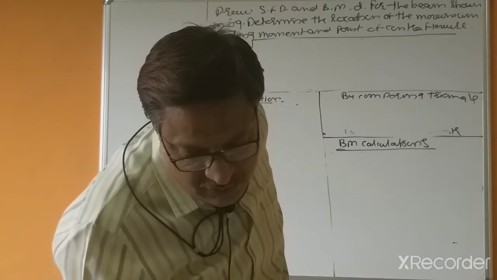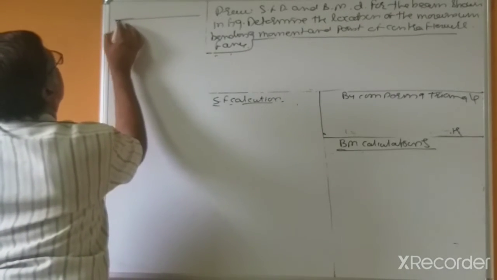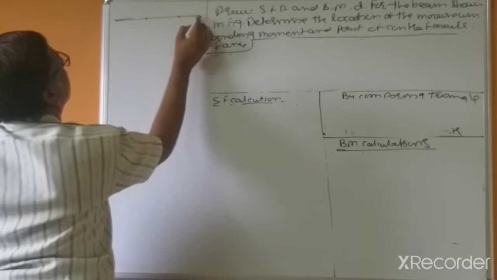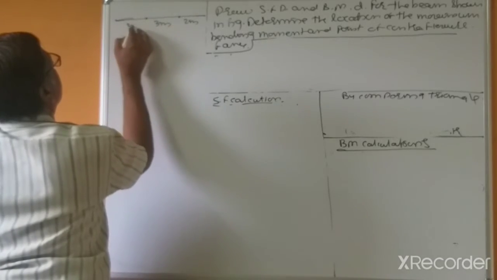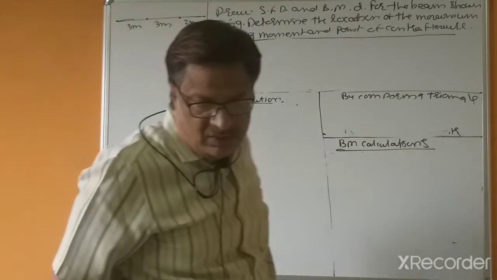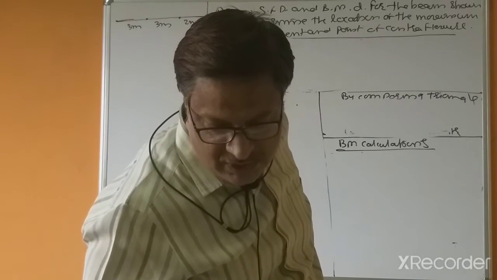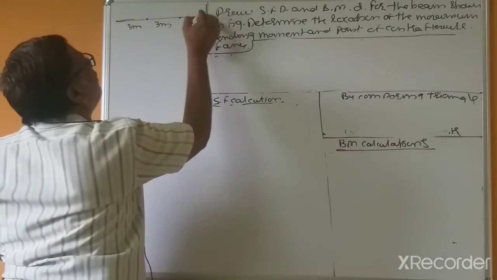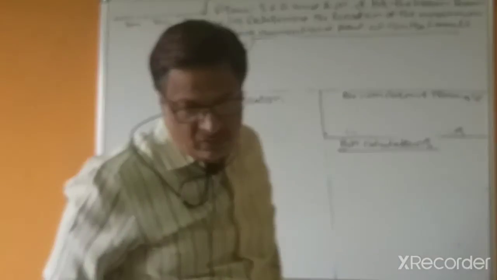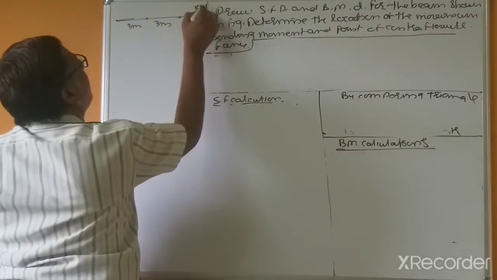The loads are 25 kilonewton, 15 kilonewton, with distances 3 meter, 3 meter and 2 meter. This is a simply supported beam with one-sided overhanging. The uniform load is 25 and the point load is 15.